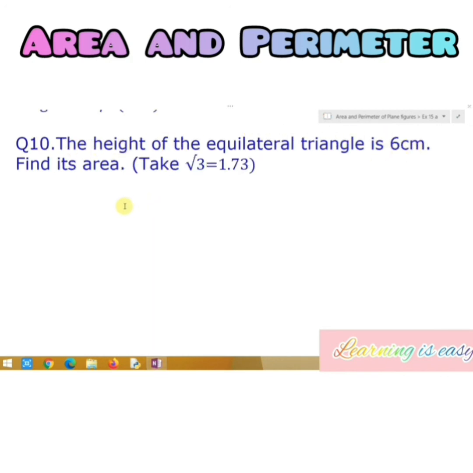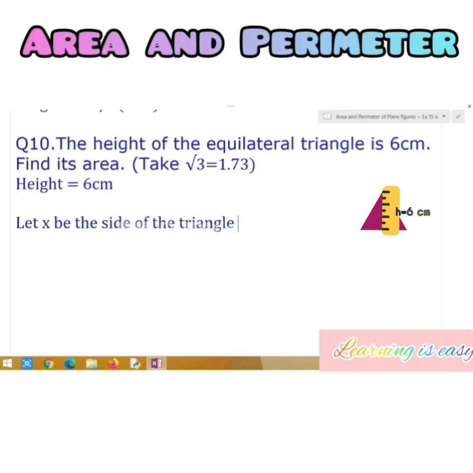Next question 10. Height of the equilateral triangle is given, which is 6 centimeter. We need to find the area. We can take square root of 3 as 1.73. So height is 6 centimeter. So let x be the side of the triangle. So height equal to, it's an equilateral triangle, so square root of 3 by 2 into x.